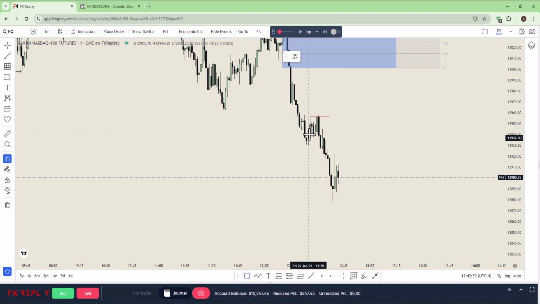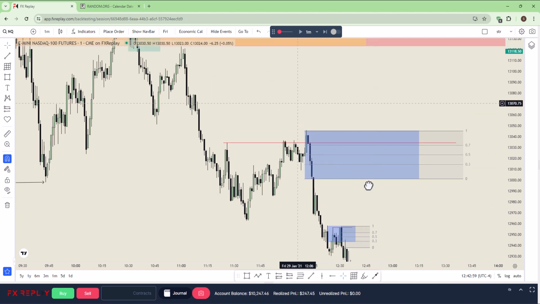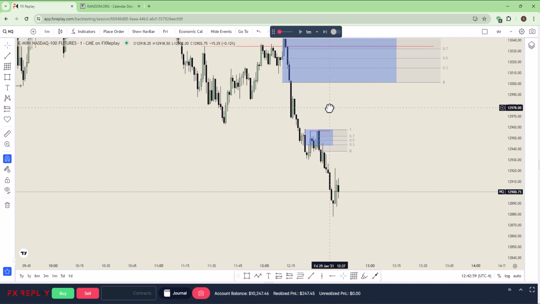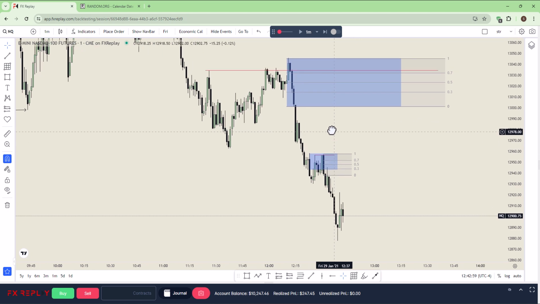Unfortunately, we have this zone right here: sweep inside it, 100% mitigation, and then this would be the candle. We closed below it right here. Price stopped into the 30%, just like this one, as you can see. So this was a missed setup. That's all right. Let's keep moving.